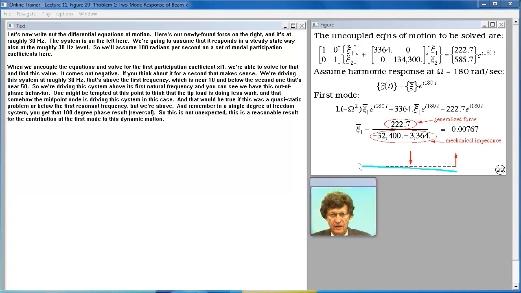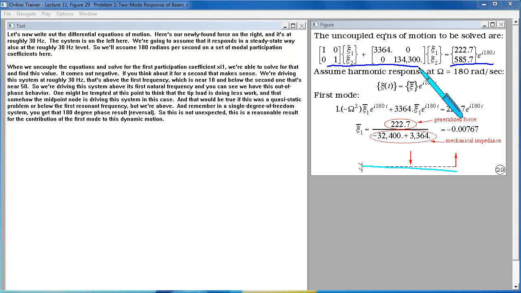Let's now write out the differential equations of motion. Here's our newly found force on the right, and it's at roughly 30 Hertz. The system is on the left here. We're going to assume that it responds in a steady state way also at the roughly 30 Hertz level. So we'll assume 180 radians per second on a set of modal participation coefficients here.